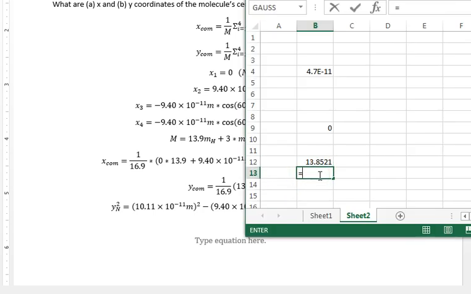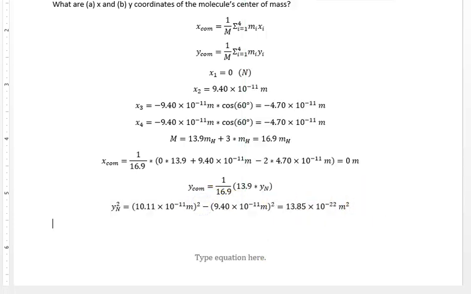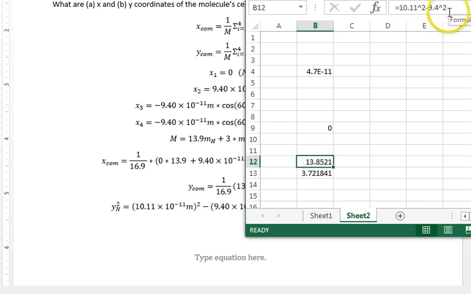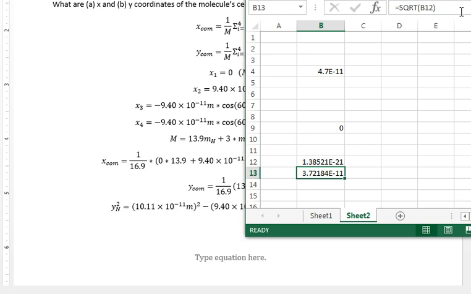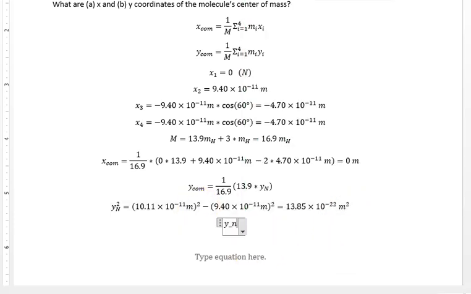Okay, and so let's get the square root of 13.85, and we get 3.72 times 10 to the minus 11 meters.